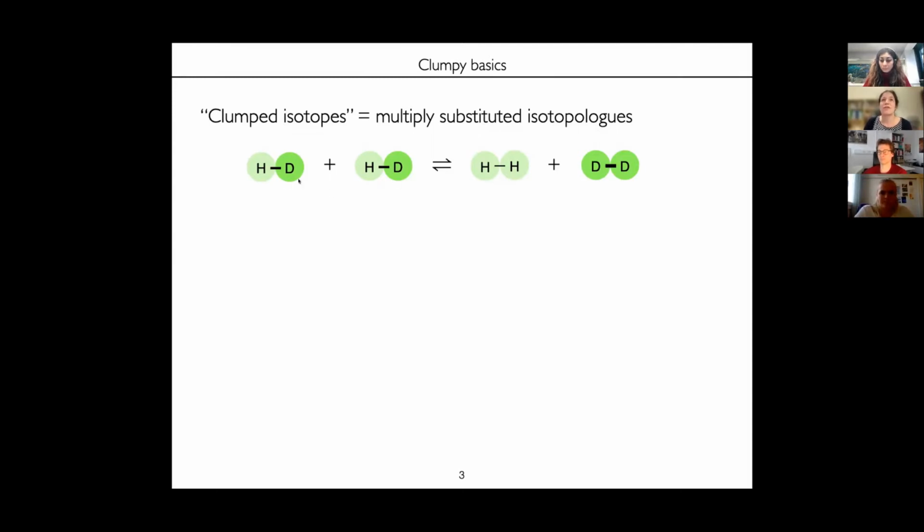Then we have two singly substituted versions here in this equation. And then we have the clumped species, the one that has two rare isotopes, two heavy isotopes, in the same molecule. So this is what we're looking for. We're looking for molecules that have multiple rare isotopes in the same molecule, because the abundance of these is temperature dependent. And that's what we can use as a proxy.